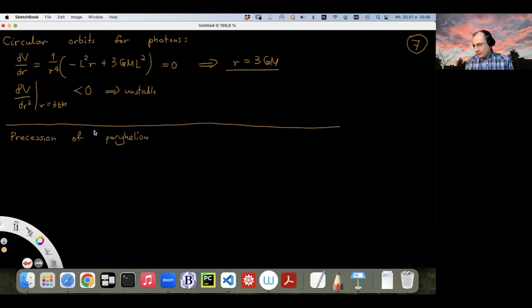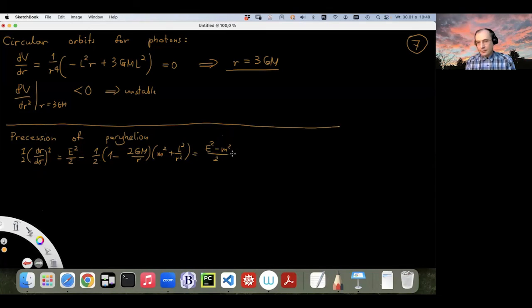by the equation itself. So we know that one half (dr/dσ) squared is equal to minus one half (1 minus 2GM over r)(m squared plus L squared over r squared), or (E squared minus m squared) over 2 minus L squared over 2r squared plus GM m squared over r plus GM L squared over r cubed.